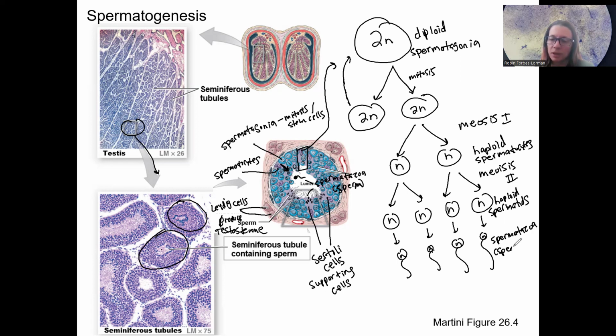Sperm, also haploid. They're going to combine with an oocyte if fertilization happens, to form a 2N cell then. So that's what gametes are. Gametes are haploid.